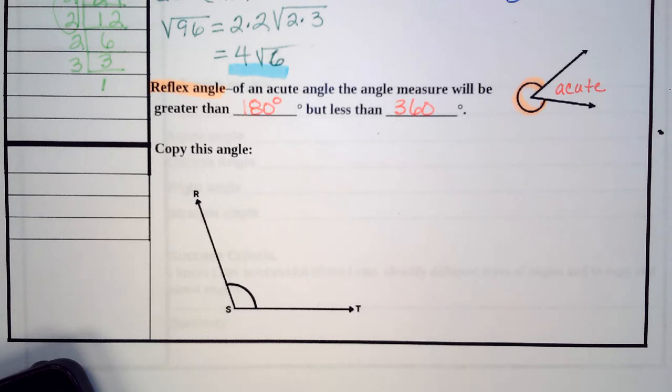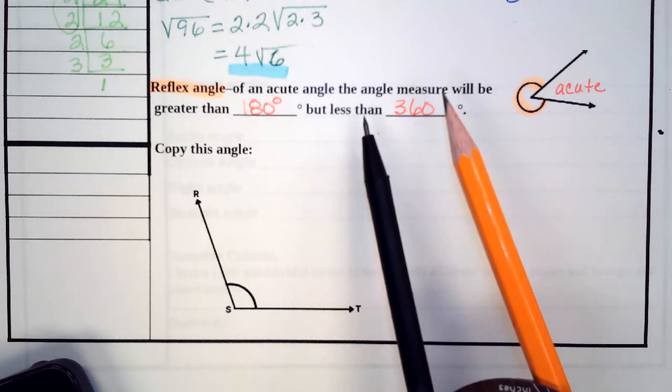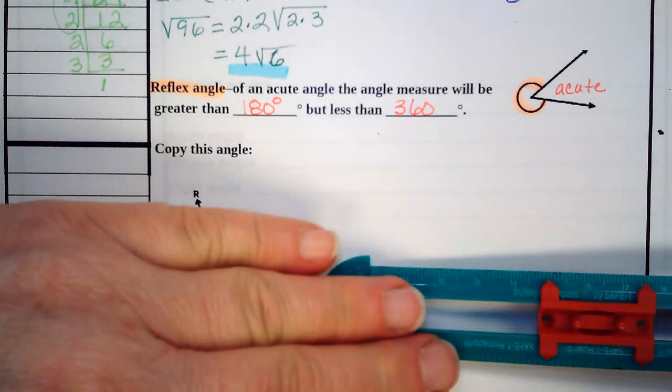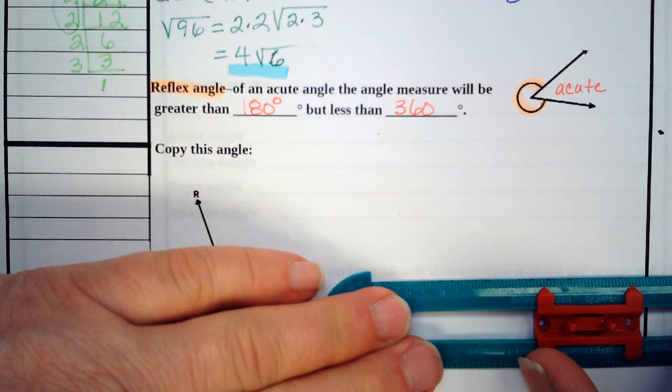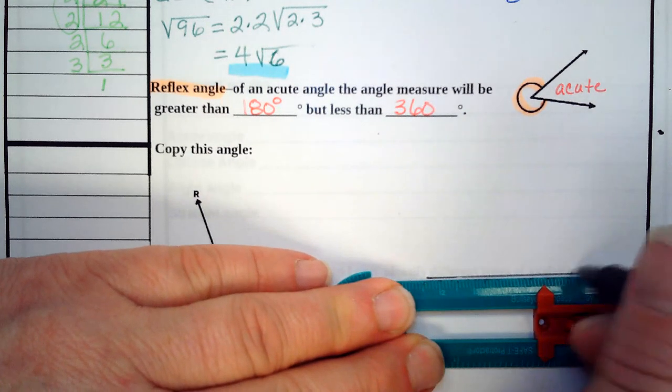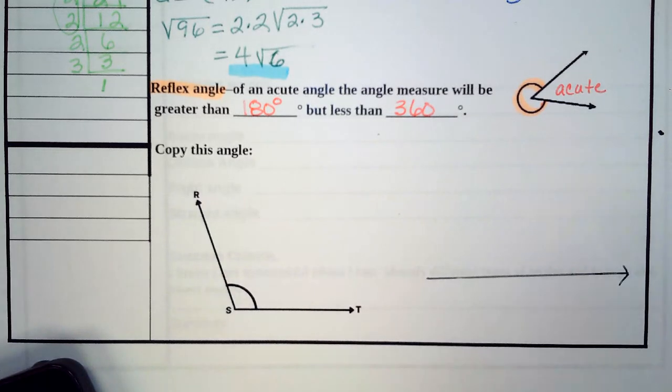We need our compass, and we need to think. So step one is to draw the base. Remember, angles go on forever and ever. So that would be our bottom ray.